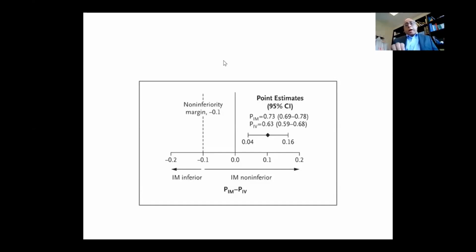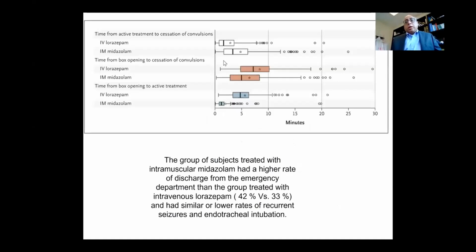Thus, you could see that IM midazolam was at least as effective, if not more, than lorazepam. What are the reasons for these differences? Investigators looked at timing of the drug administration and found that time from active treatment to cessation of seizures was the same.